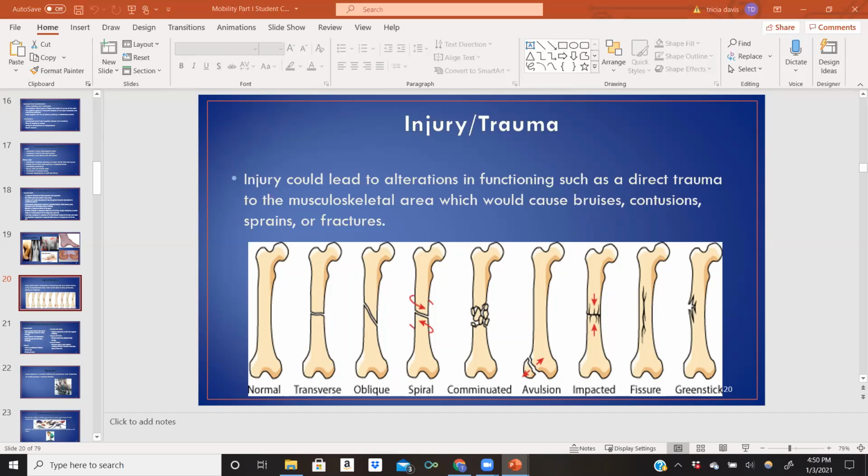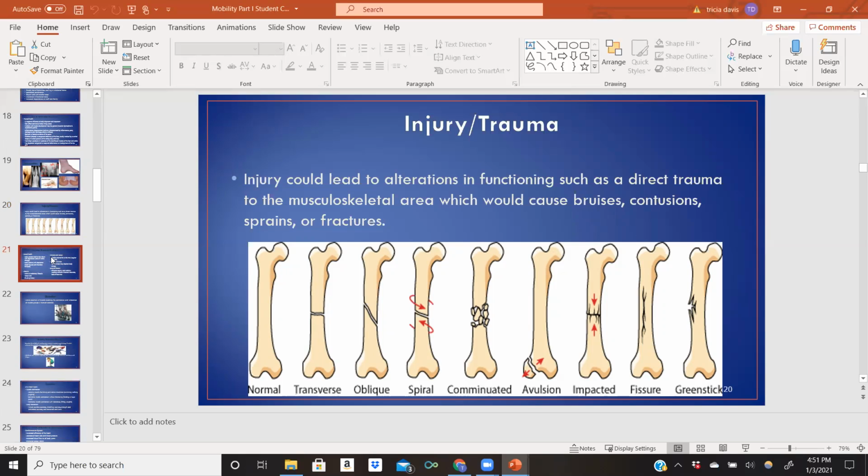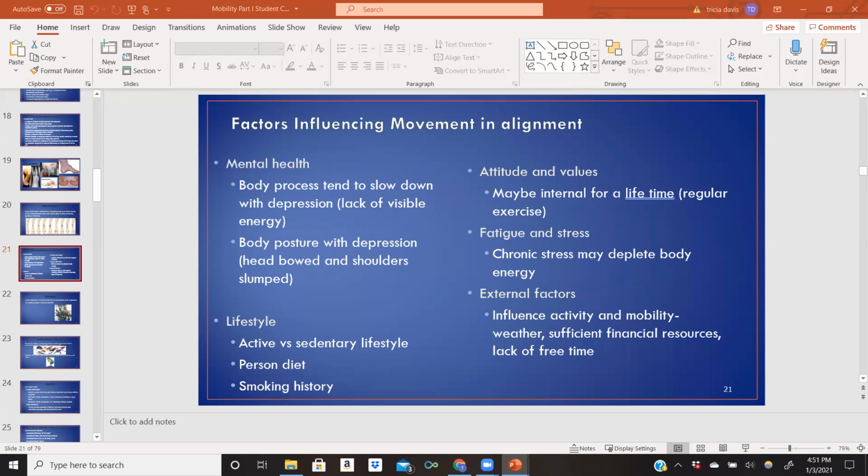You have oblique, which is another break or a fracture that's on an angle. Then you have a spiral. You have a comminuted fracture, which is a whole bunch of little pieces that broke off inside the bone. Then you have an avulsion, you have an impacted fracture, a fissure, and then a green stick fracture. So those are the different types of injuries and traumas that can happen to bones.